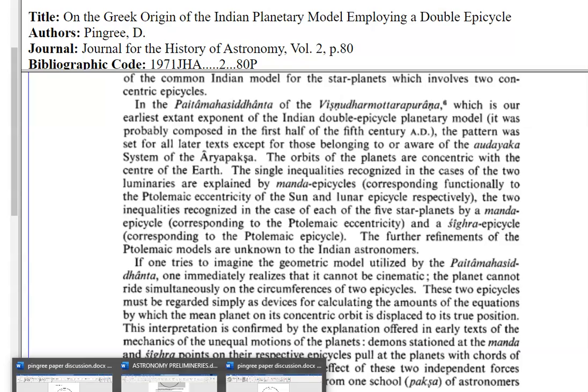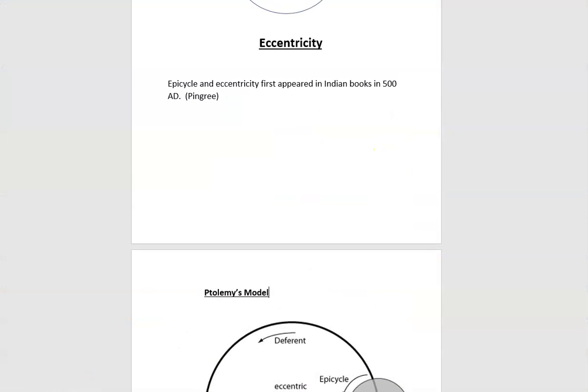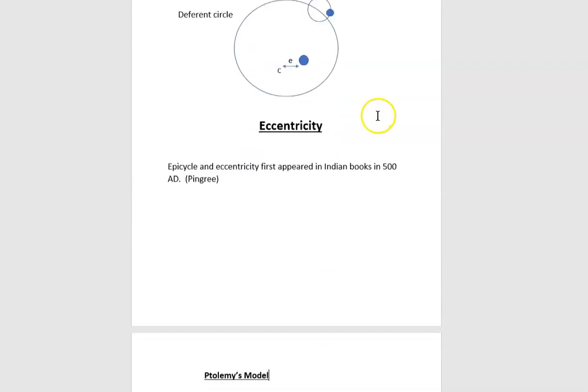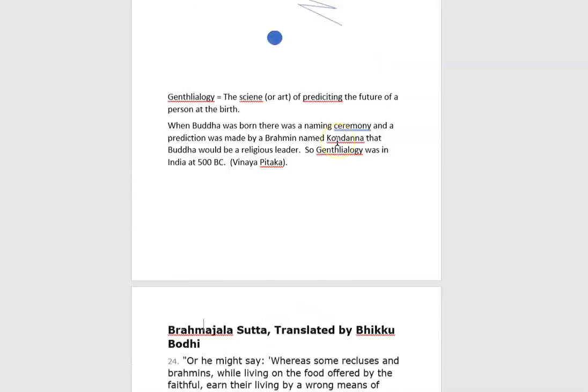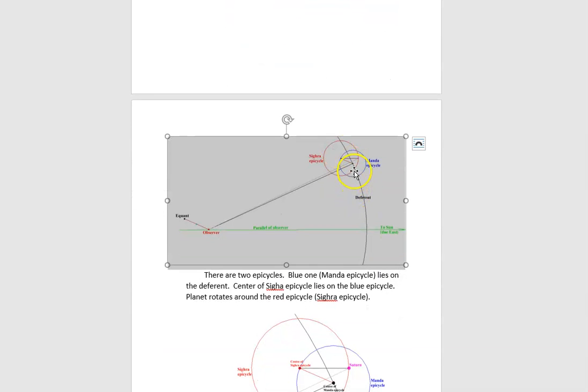So if you go to the Indian double epicycle model, the orbit of the planet is not eccentric with the center of the circle as in the Ptolemy model. In the Indian double epicycle method, the planet is moving in a circle, and the double epicycle is moving the planet back and forth to create that zigzag motion.